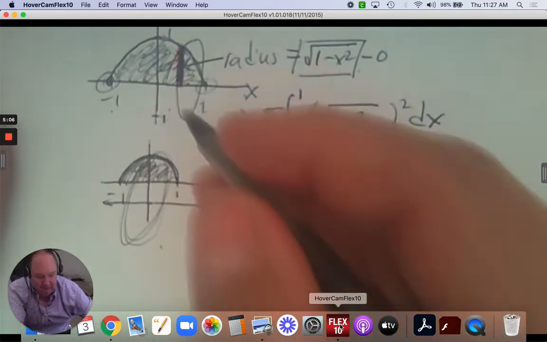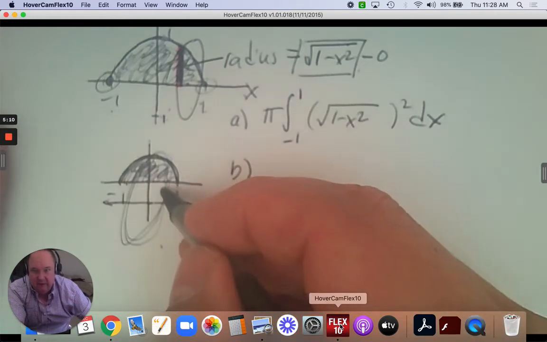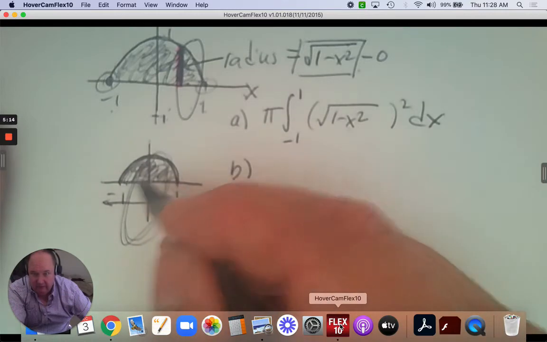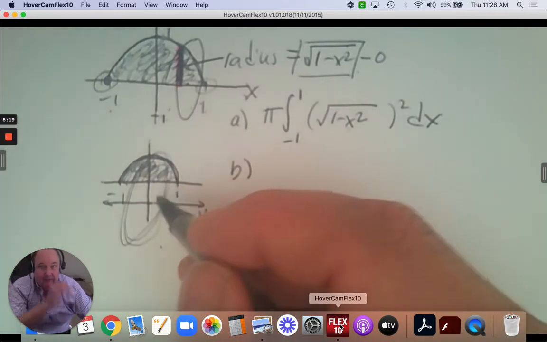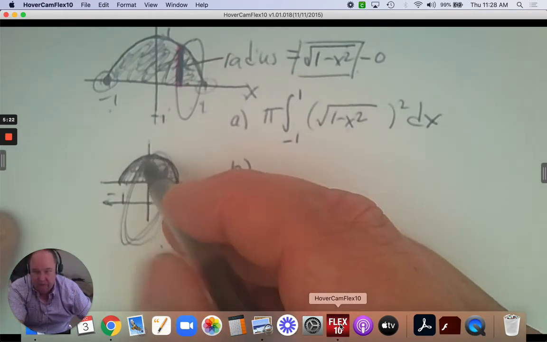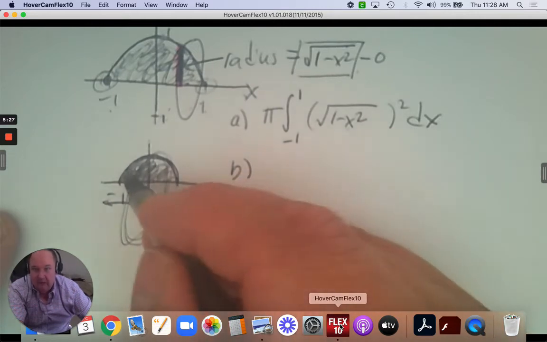And what it means is when the line of revolution, if there is a space between the area that you're revolving and the line of revolution, and you can see the space there, it's going to create a situation where we need two circles. We have an outer circle, we have an inner circle, and then we subtract them.